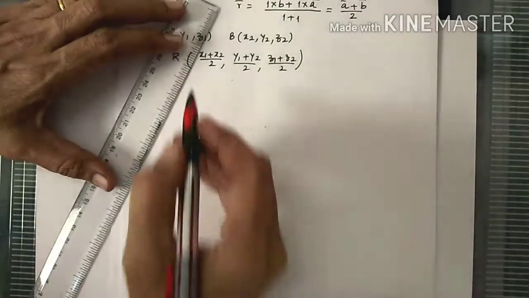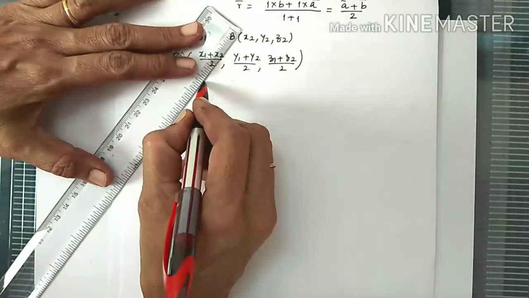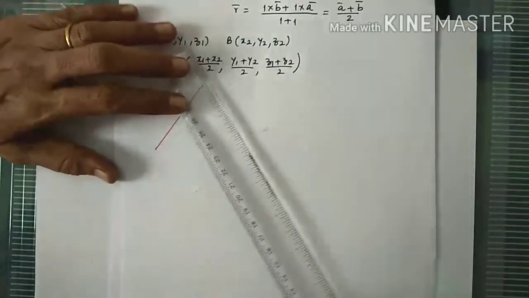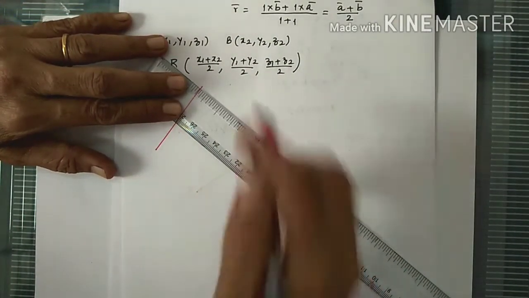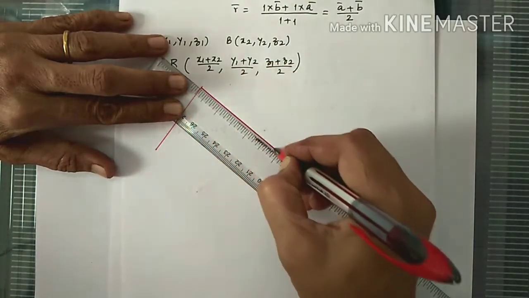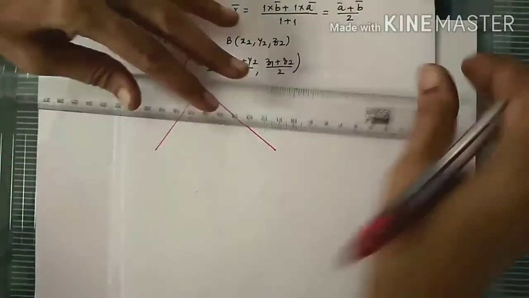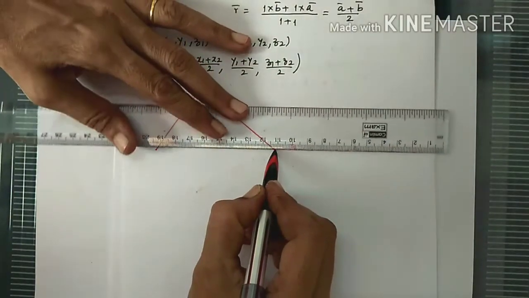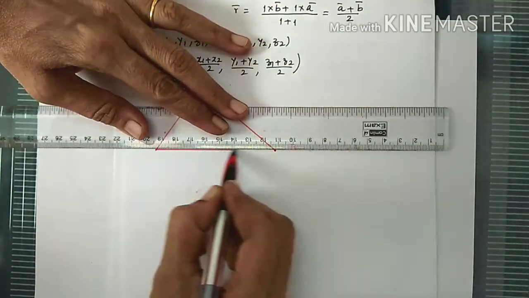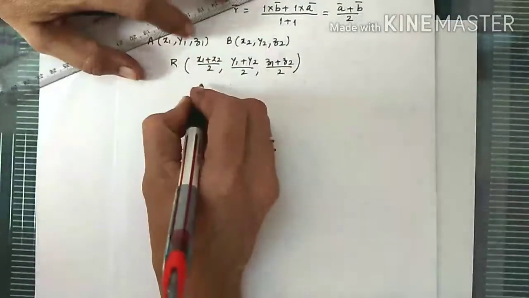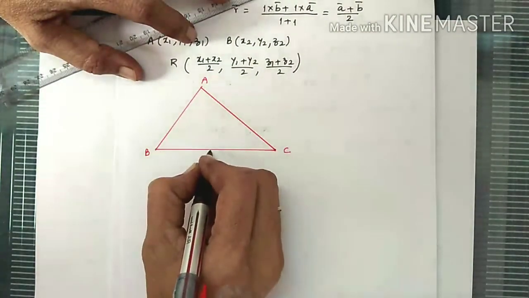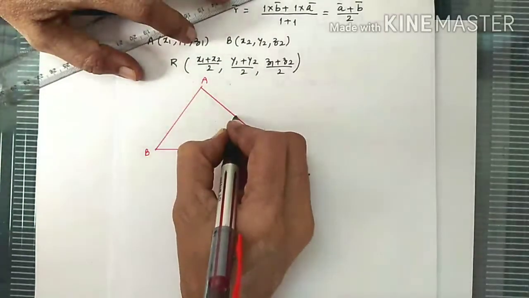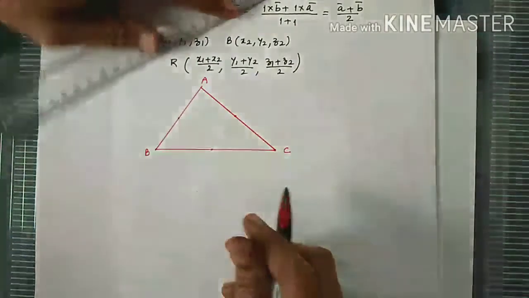Centroid is point of concurrence of the medians. To find the centroid, first we have to draw the triangle. So consider this triangle ABC. Now take midpoints of BC, AC and AB.